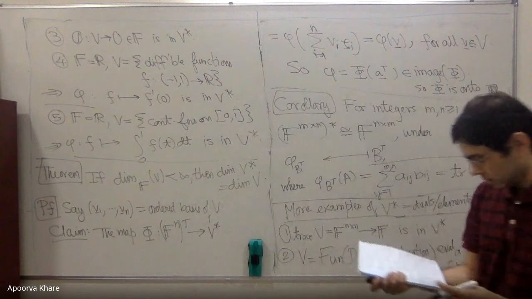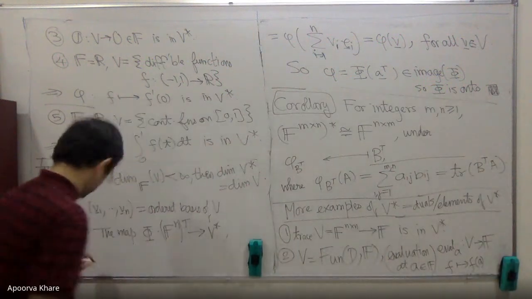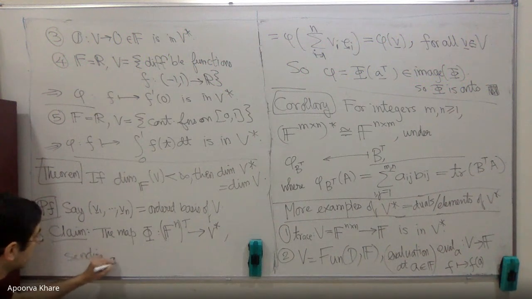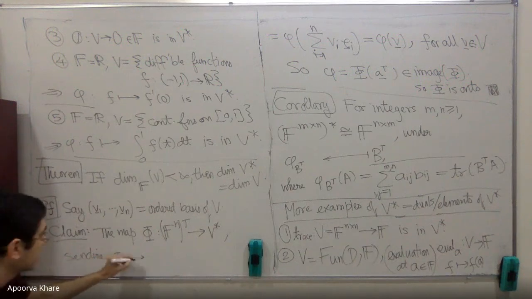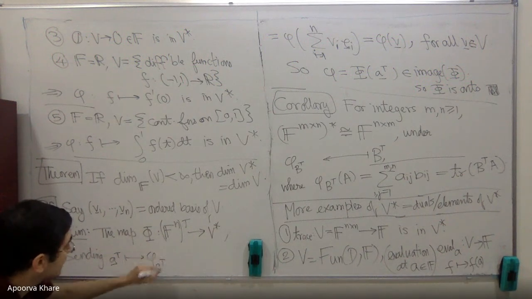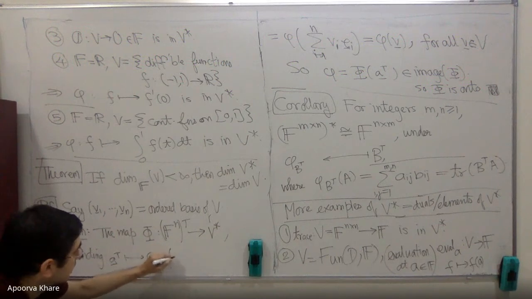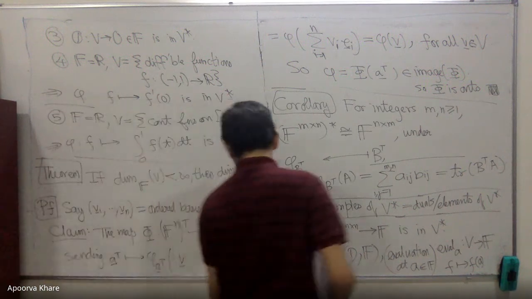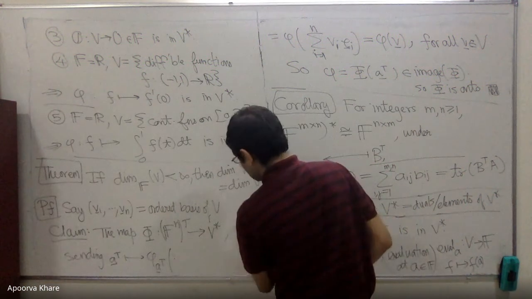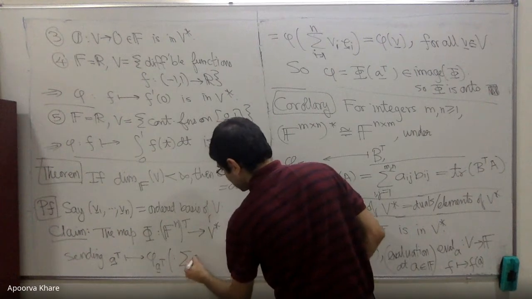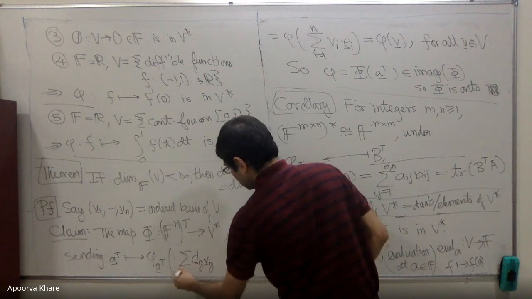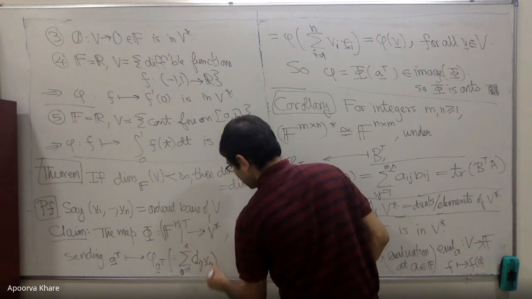Given by sending A transpose to an element of V star. I'll still call it phi of A transpose, sending, let's say, an element summation cj vj, j goes from 1 to n.